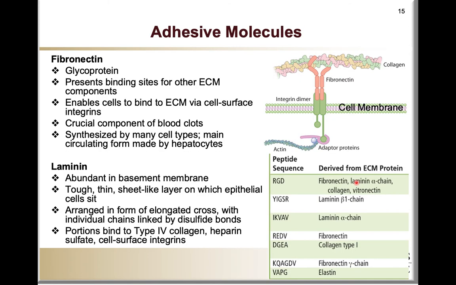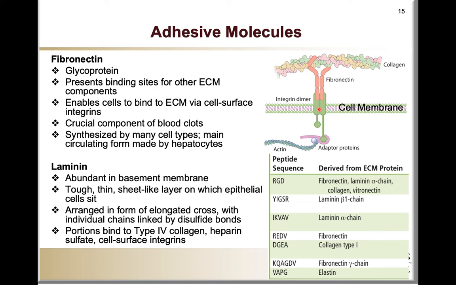In addition to structural proteins and amorphous matrix, we also have the adhesive proteins or adhesive molecules that enable the cells to attach. Two of those adhesive molecules are going to be fibronectin and laminin. And just to remind you, the way that cells bind is by utilizing integrin proteins that are found on the cell membrane. So this is my cell on the bottom.